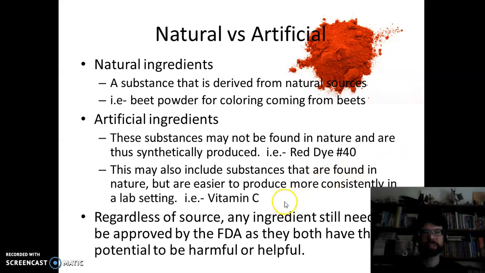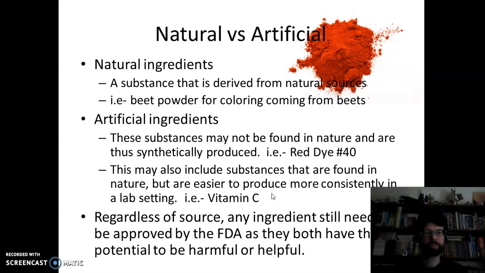But then we also have things that are actually natural but are produced in a more industrialized or lab setting because it's easier to mass produce it that way, like vitamin C, for example, which I think we can make from mold. That's also called ascorbic acid. There's also citric acid, which we find in a lot of our foods.